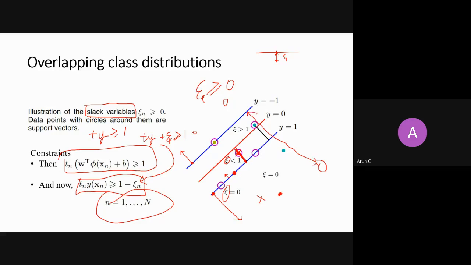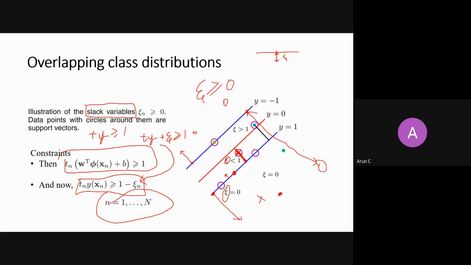Just to become 1, you add some slack variable to it, and then it will become 1 here. The idea is to get this margin so that it is always 1 distance away.